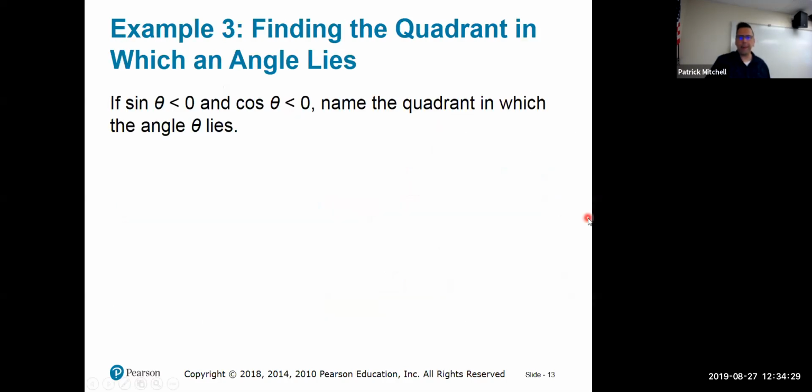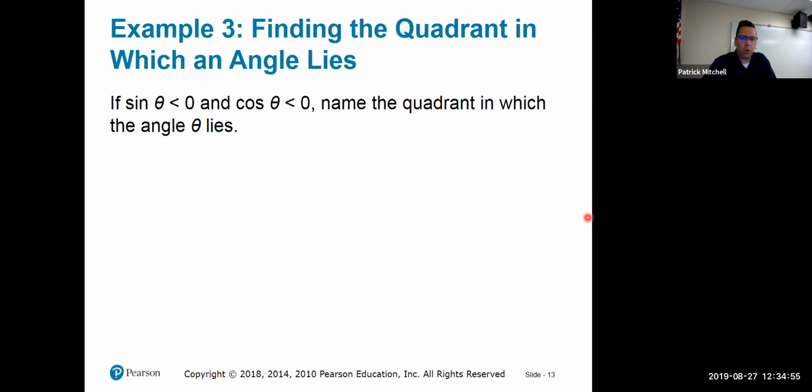Okay, so as an example of all students take calculus, they're asking me if the sine of theta is less than 0, and the cosine of theta is negative, name the quadrant in which the angle theta lies. So let's think about that for a second. The sine and the cosine are both negative. All means they're all positive, so it's not 1.